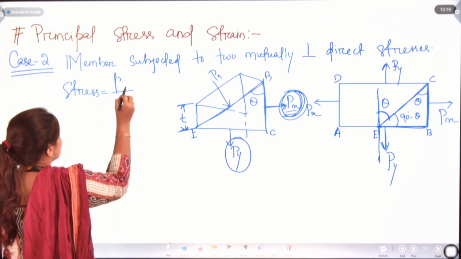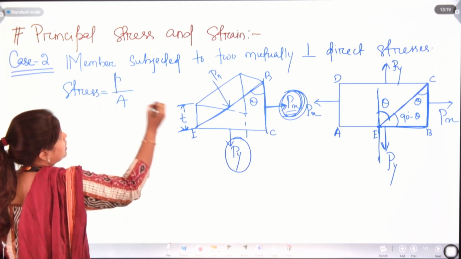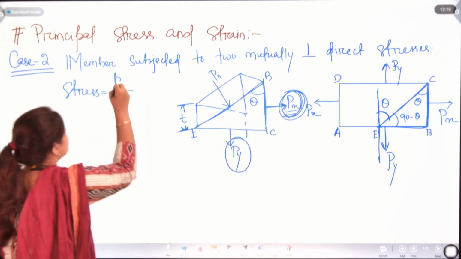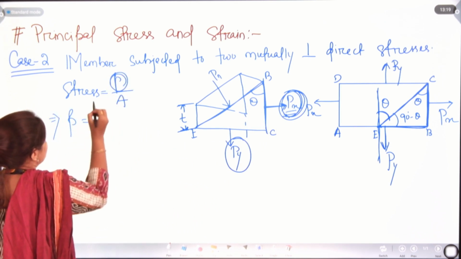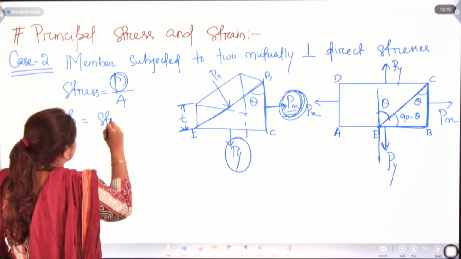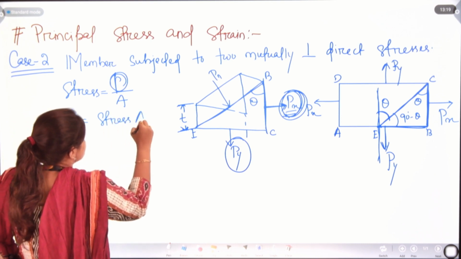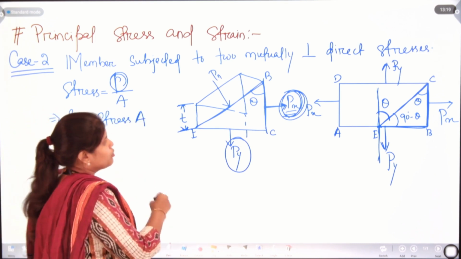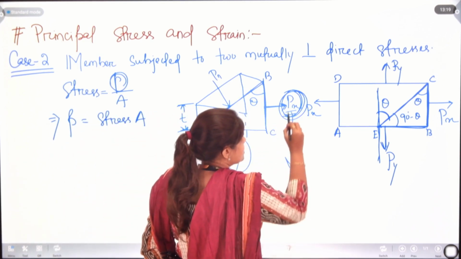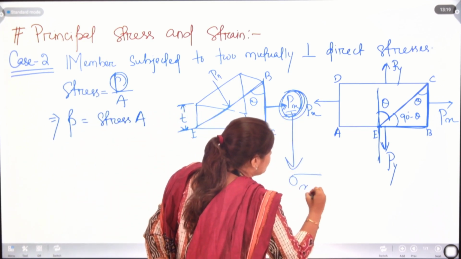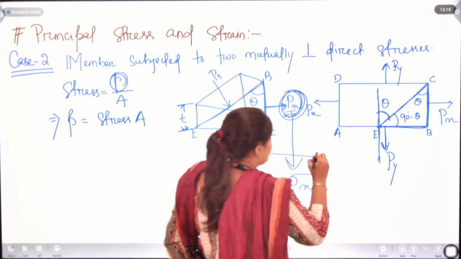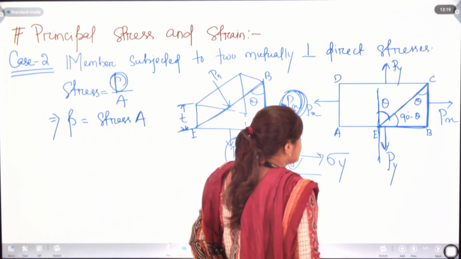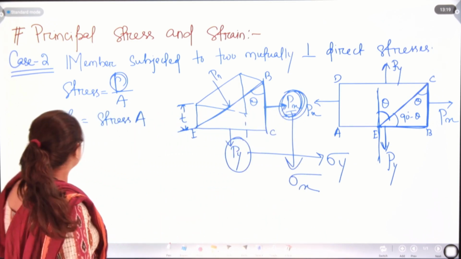So, we have the force here Px and Py. Due to this force P, stress will be stress into area. Due to Px, the stress that arises is sigma x, and due to Py, there will be stress sigma y, right?